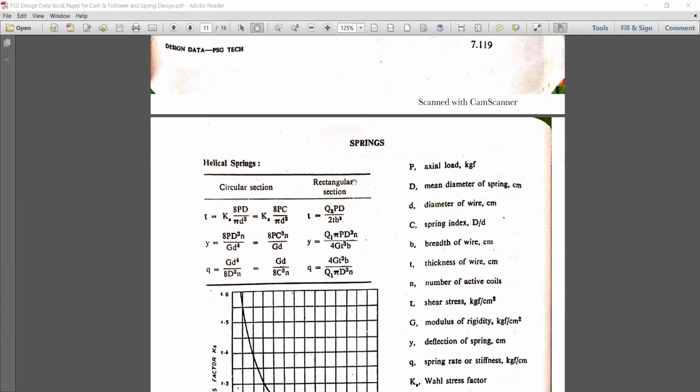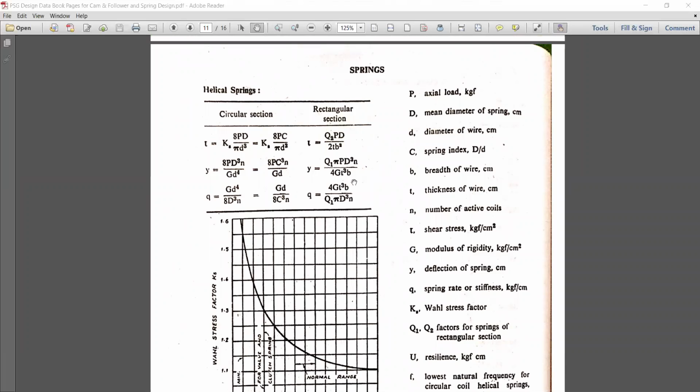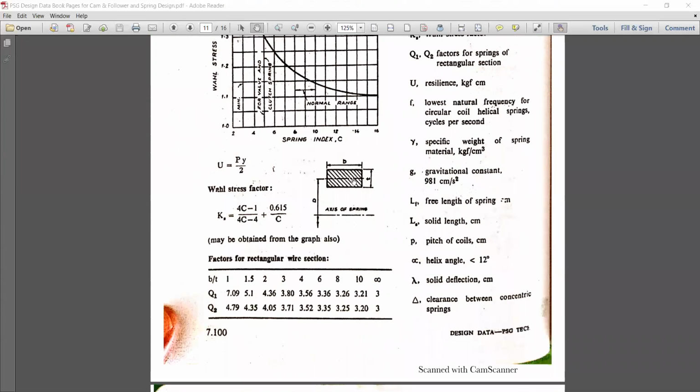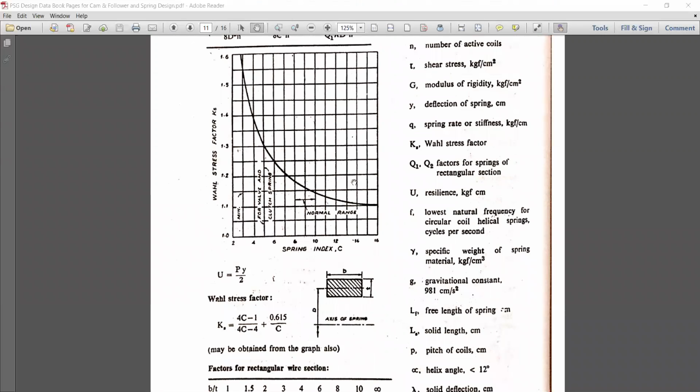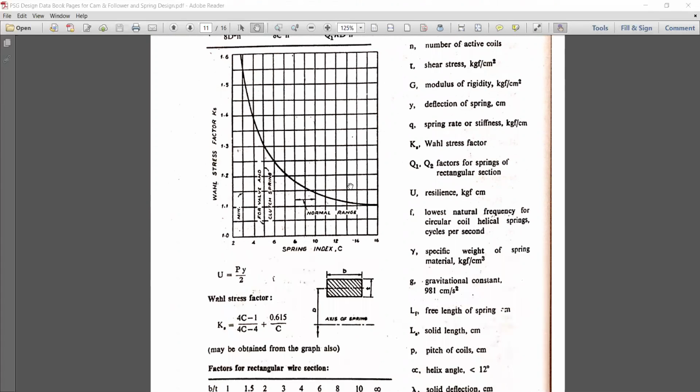We also need data for the design of a spring of the follower. Referring to PSG page number 7.100, you can get the equations for helical springs, of circular section or rectangular section.